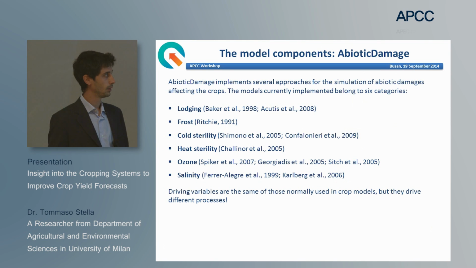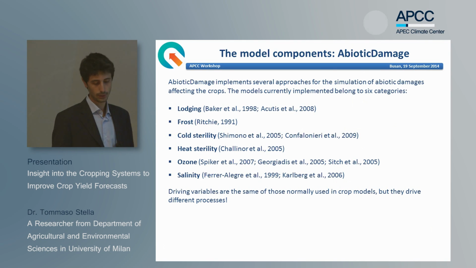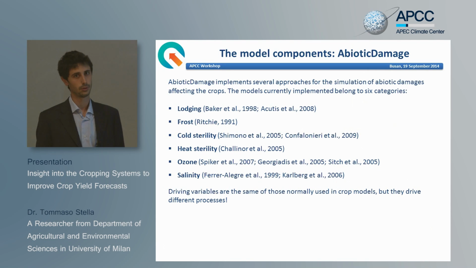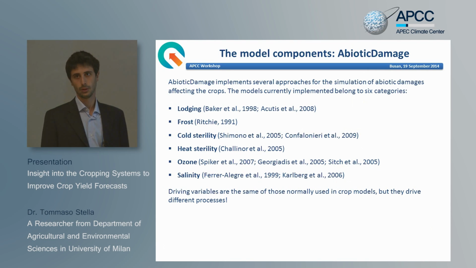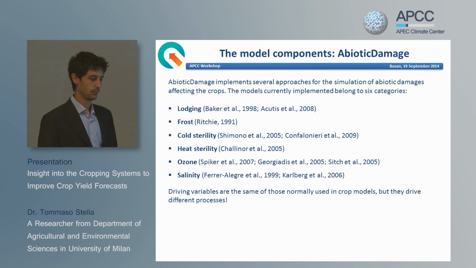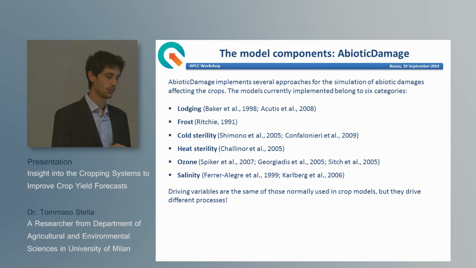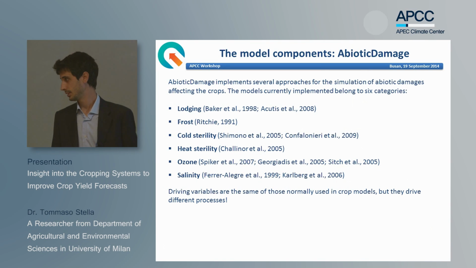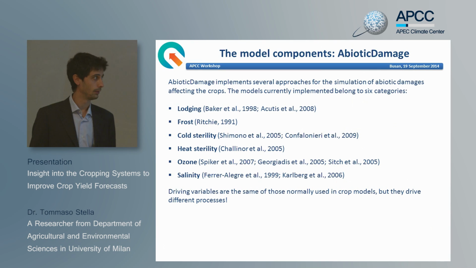And then salinity, which at the moment implements 2 different approaches for calculating the salinity stress on crop growth. One is based on the plant conductance at different layers within the crop. And the second one calculates the reduction of the partitioning of nutrients to leaves due to the salinity stress at the root level.